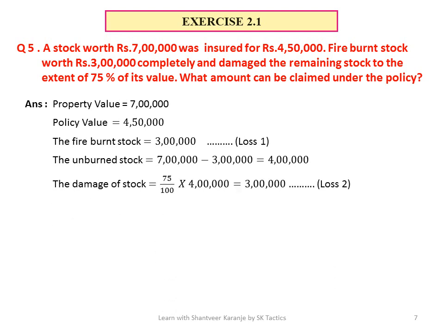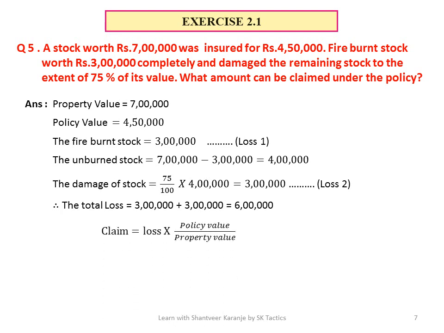So the damage of stock up to 75% of remaining stock is 3 lakh again. It is nothing but loss number 2. By combining loss 1 and loss 2, we'll get the complete loss of this case. So total loss is equal to 3 lakh of the first case plus 3 lakh of the second case, which is 6 lakh.